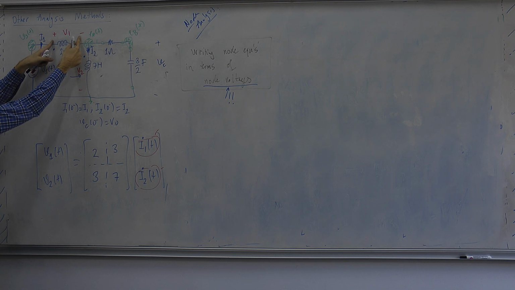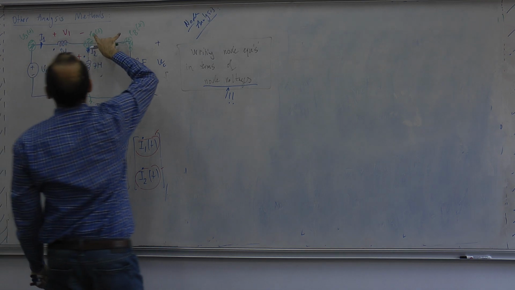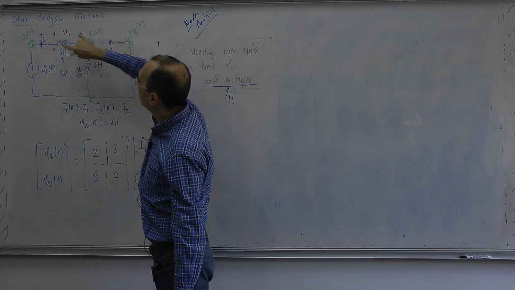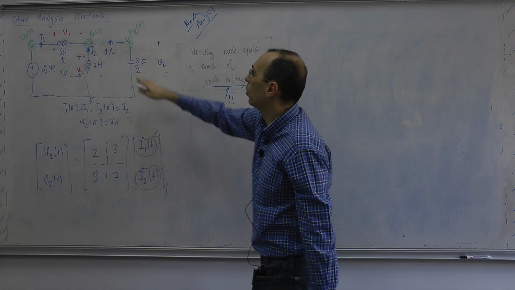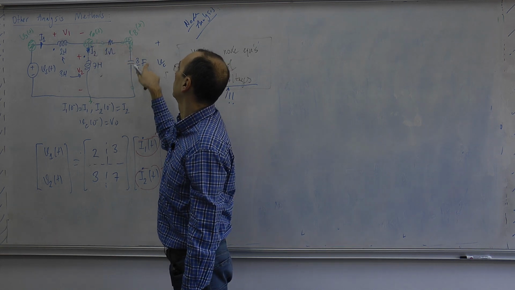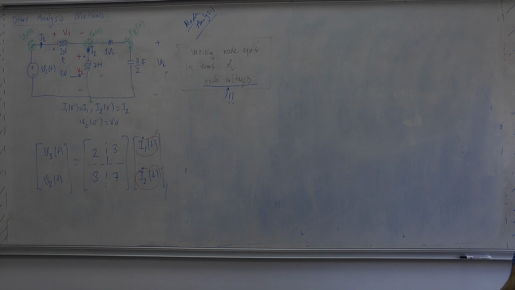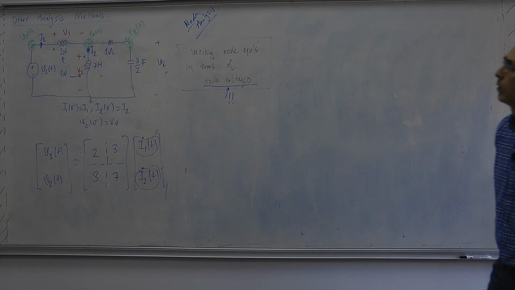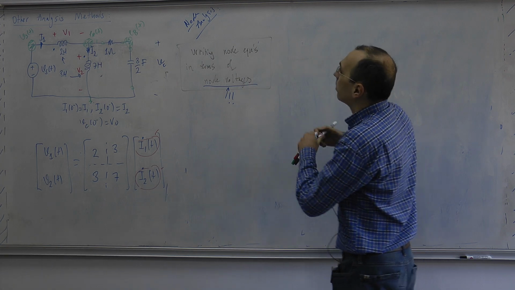This gives me branch voltage, this gives me branch voltage, their difference like that. So if you know these node voltages, you can find branch voltages. From the branch voltages, you can find branch currents by component equations, resistor, capacitor, etc. And you know everything. You know branch voltages and branch currents across all of the circuit. Very good.